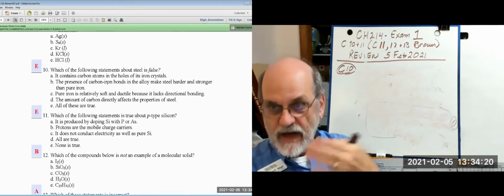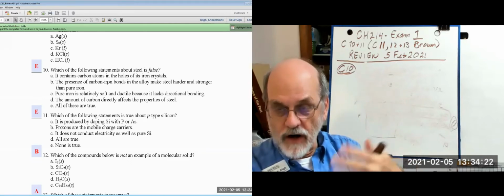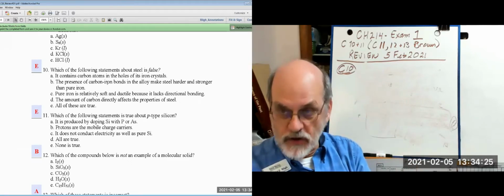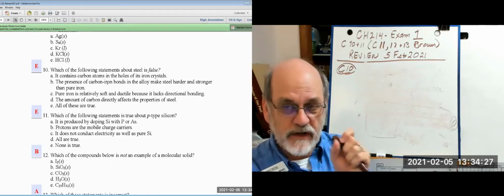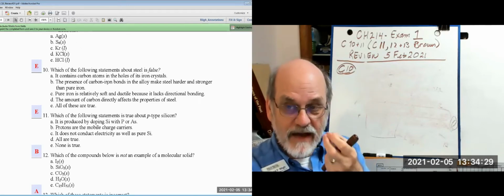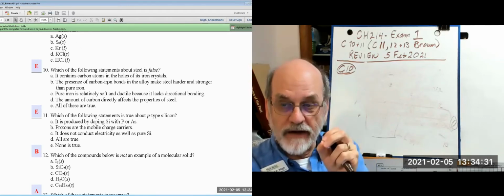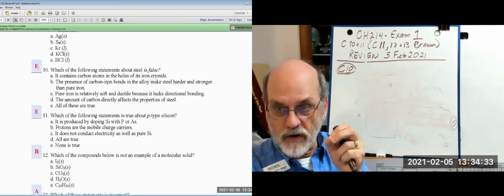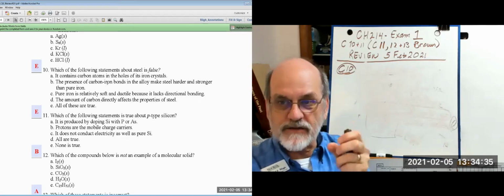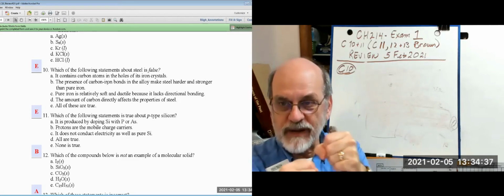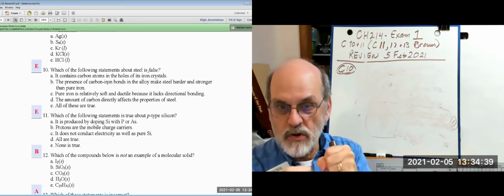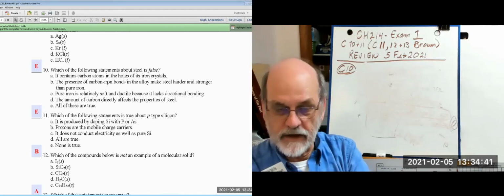The iron-iron bonds are not strong enough. That's why you can scratch pure iron. But when you stick the carbon in there, you've added that carbon-iron bond that is stronger, and it tends to lock those crystals in place so they don't move. That makes it harder and stronger.